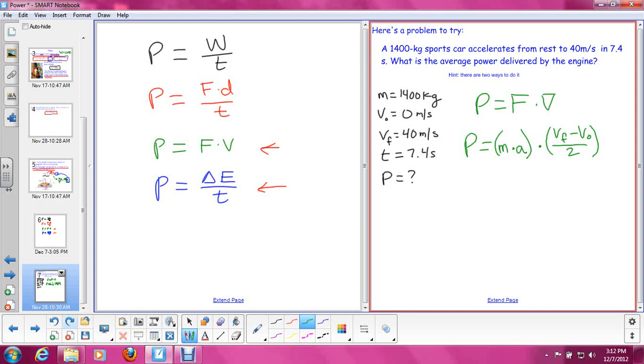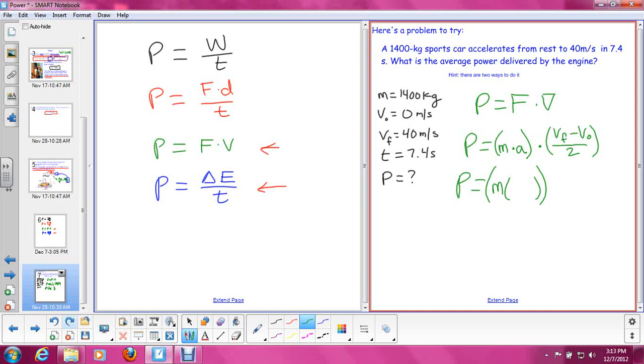So now, it's looking a little more promising than it was before. We need mass, which we have, final velocity and initial velocity, which we also have, but we are not given acceleration in this problem. So we need one more step of substitutions. So we have mass times, hopefully all of you remember what the equation to solve for acceleration is.